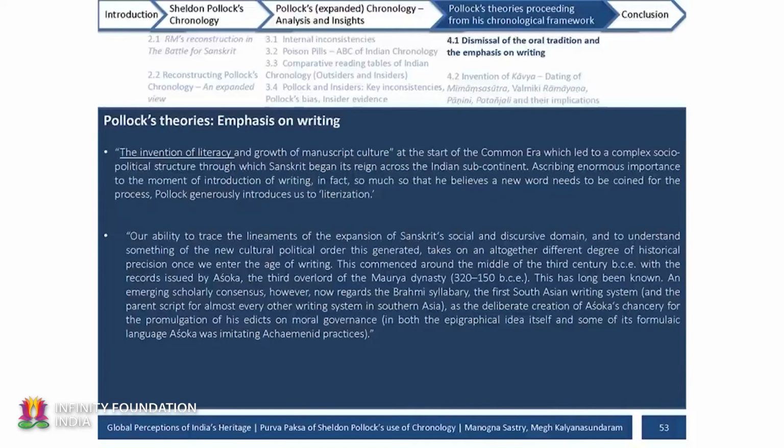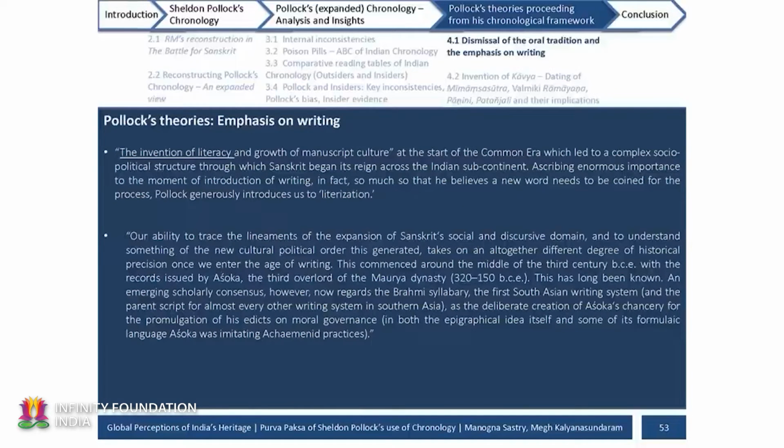Principal among Pollock's assertions is that at the onset of the first millennium, when writing came to India and the manuscript culture came, it did so in the Mauryan Ashokan period, and this again enables him to set up his second dichotomy, where he can establish parallels between the Indian setup and the Achaemenid Empire practices of the Greek. So you can again see his pet lens of bringing in the outsider as the game changer who brought in writing and manuscript.